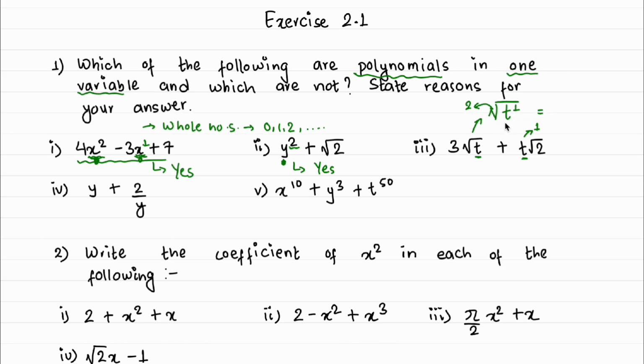Now when you remove this square root symbol or the radical symbol, what happens is we have our 1 already here, and this 2, when you remove that radical symbol, comes over here as divided by 2 in the power. So we had square root t, which is actually t to the power 1 over 2.